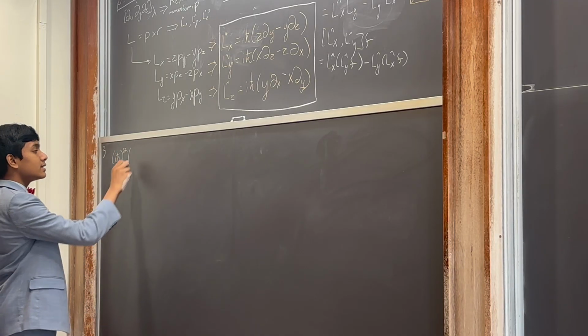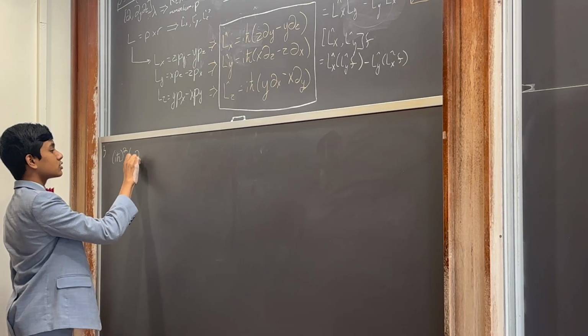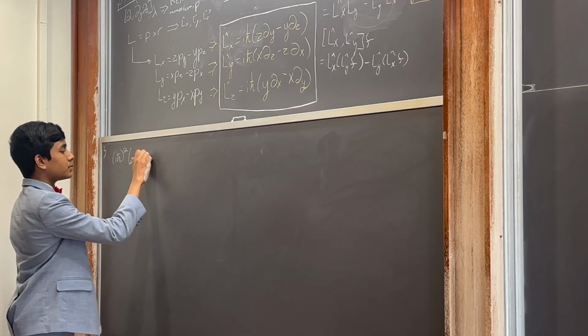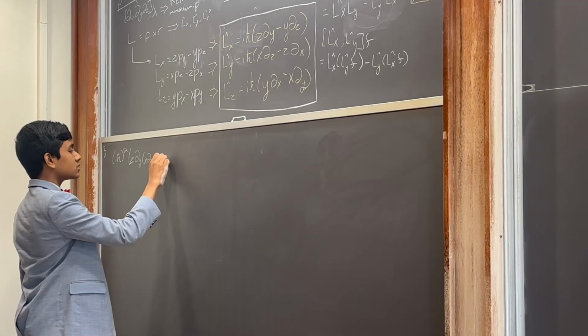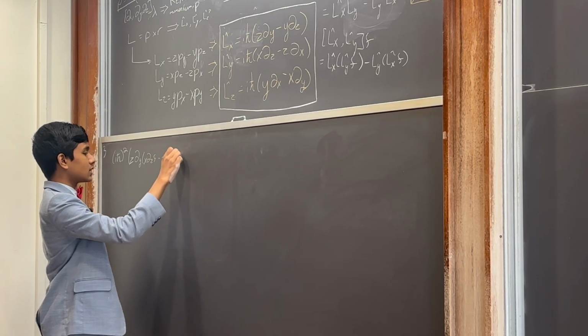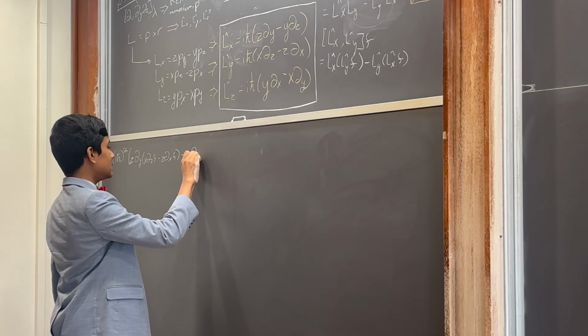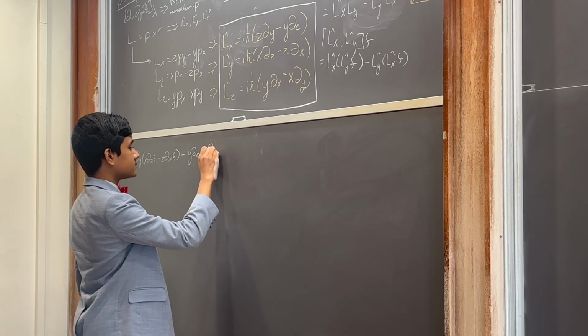We get z partial y of (x partial z f minus z partial x f) minus y partial z of the same exact thing.